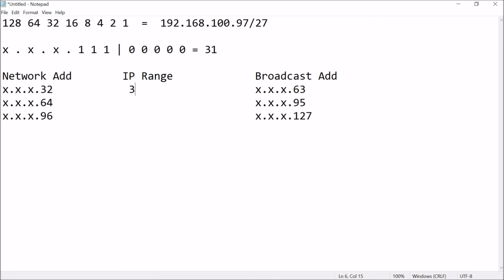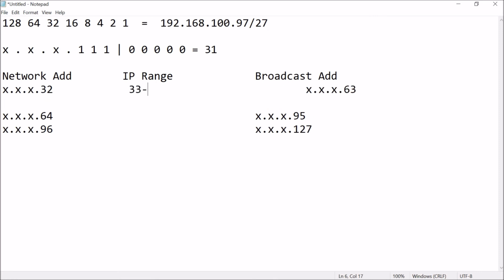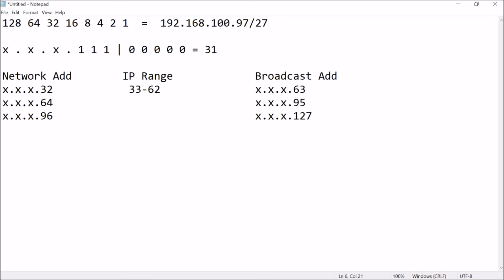Okay, so that's 33 to 62, and this is 65 to 94, and last but not least, where this IP address would belong to, 97 to, of course, 126.